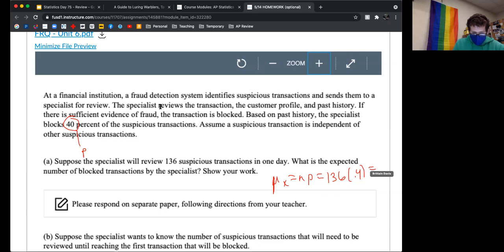Then we can just do 136 times 0.4. You'll notice in all these, one thing I'm skipping is the actual writing out of my explanation. It's up to you to make sure you can figure out how you would put that into your terms. We would expect, based on the probability of 40% and 136 transactions, that there will be 54.4 blocked transactions.